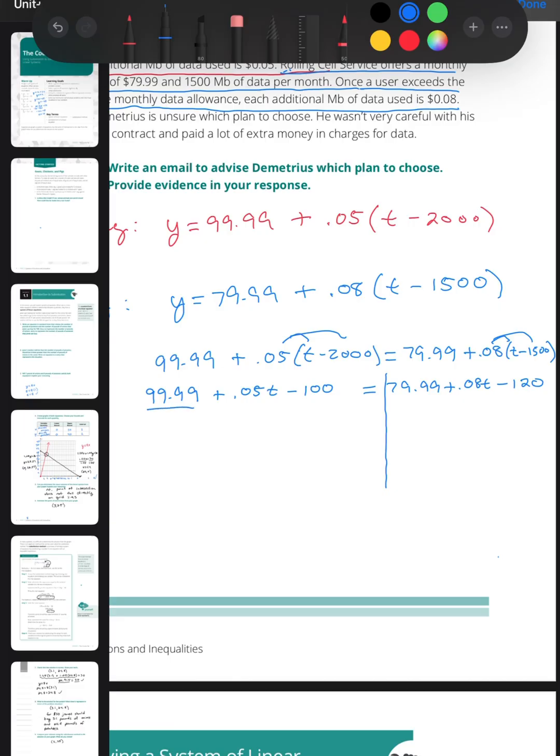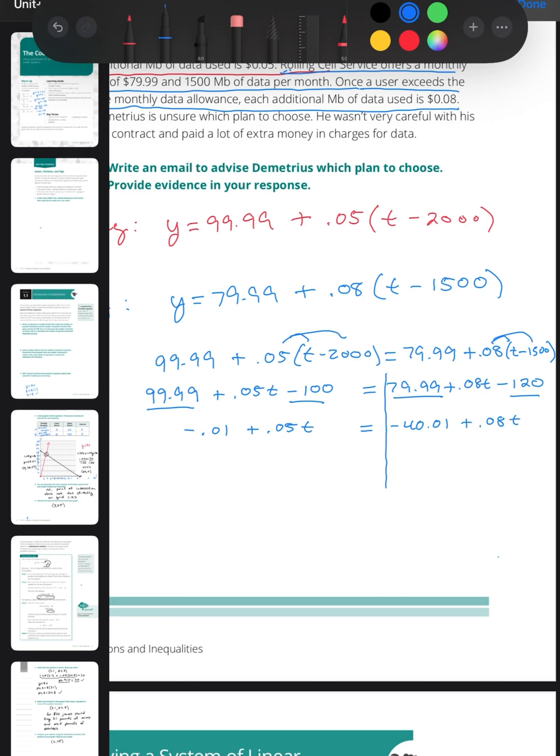Okay, from there we can combine like terms on each side. So 99.99 minus 100 is going to give us negative 0.01. And 79.99 minus 120 is going to give us negative 40.01. So it's starting to look a little shorter.